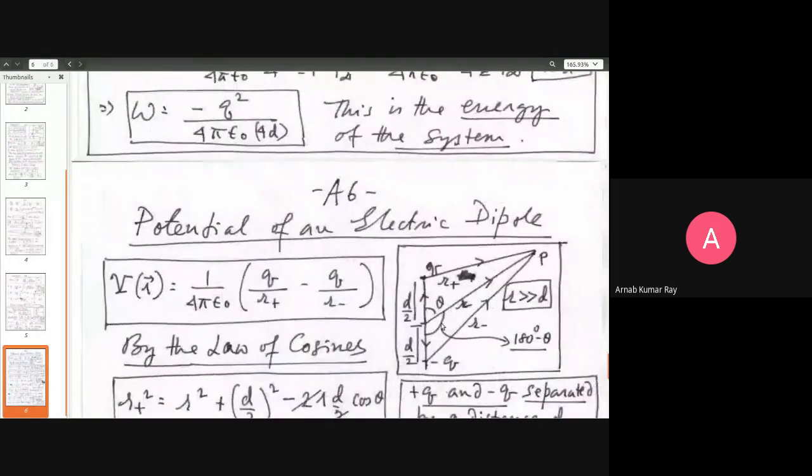So the final formula is in terms of that only, and this angle theta. So that is the formula. That's the idea of an electric dipole and the potential that arises due to an electric dipole.